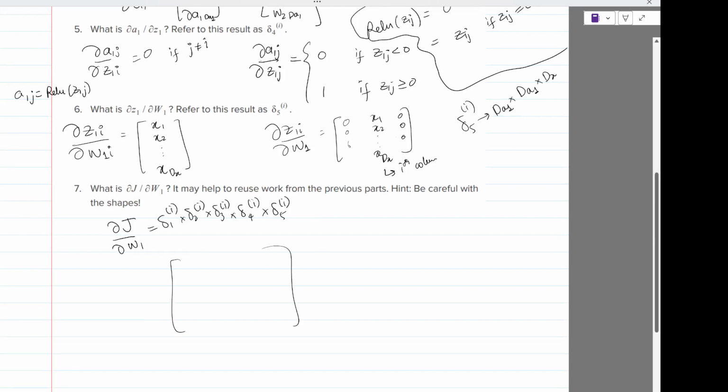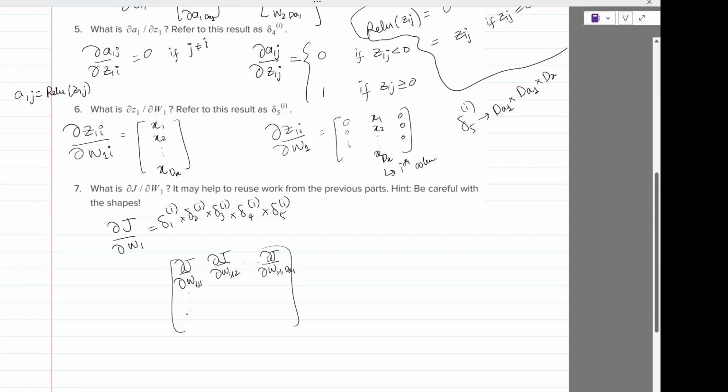So this will be a matrix with del J by del W1 comma 1 comma 1, del J by del W1 comma 1 comma 2, and so on up to DA1.